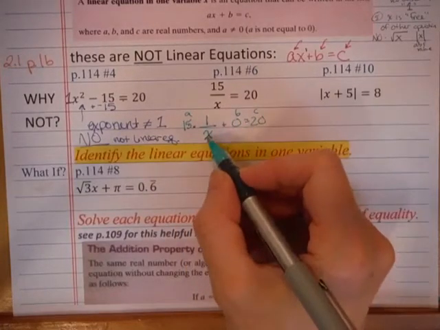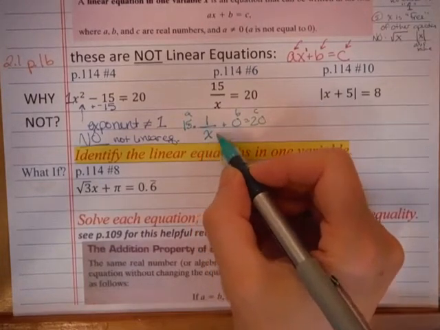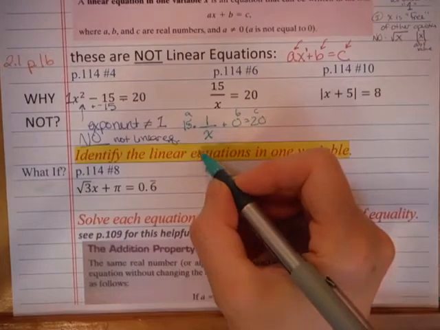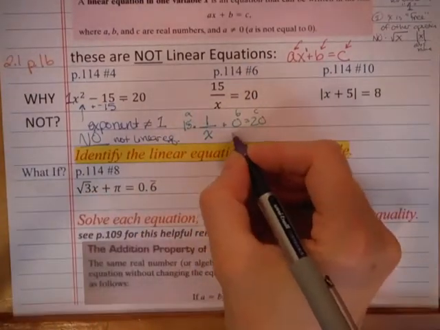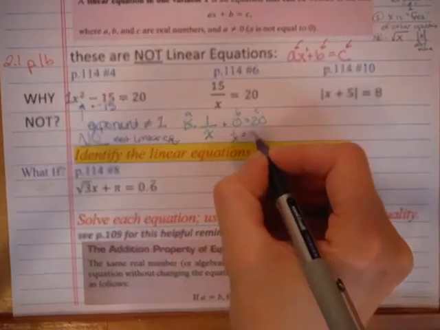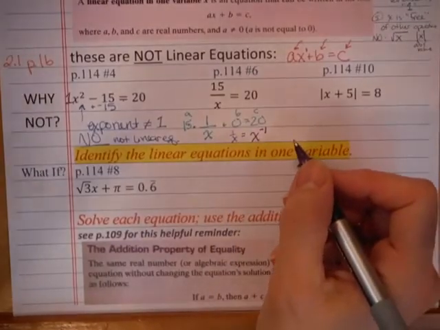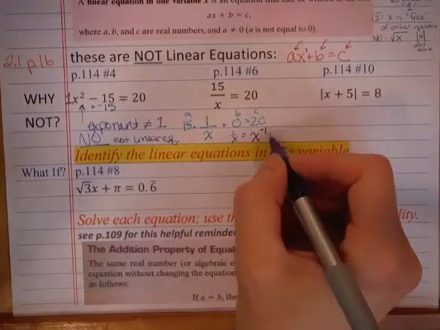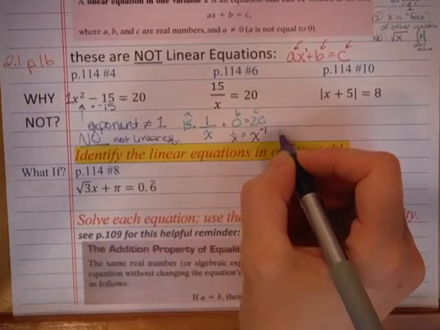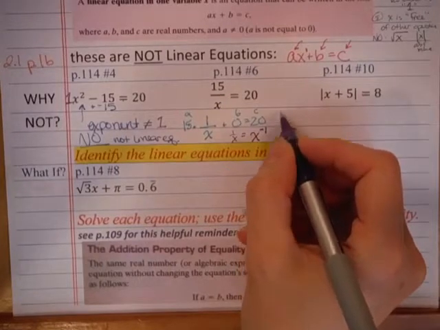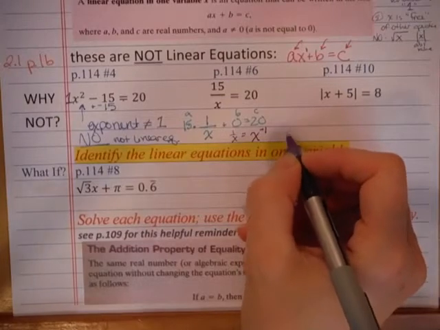But the problem is the fact that x is in the bottom of the fraction. It's the denominator. And what we'll learn in Math 65 is that 1 over x means that the exponent of x is negative 1. Okay, we just started talking about exponents. I hinted at the fact in 1.8 that once we know exponents, then we can start looking at, well, what would x to the 0 equal?